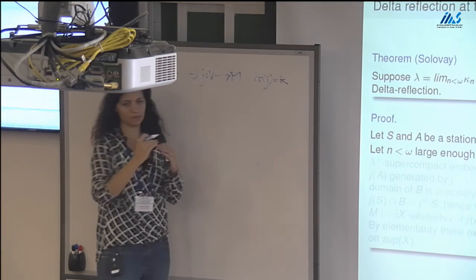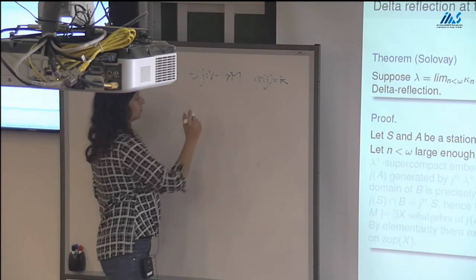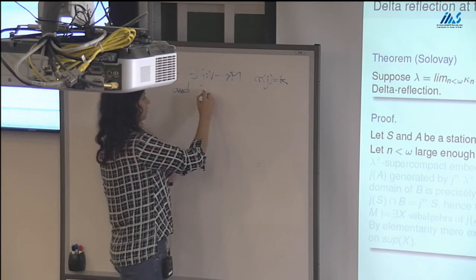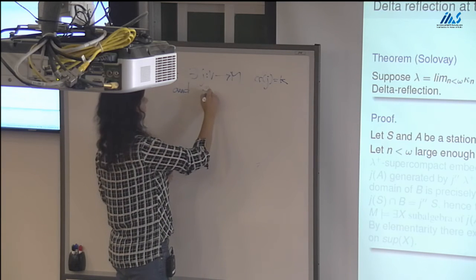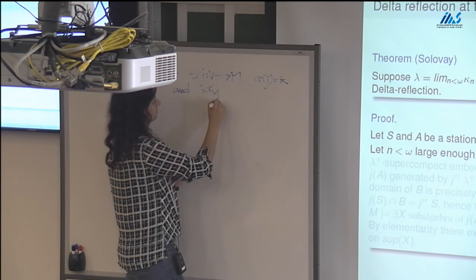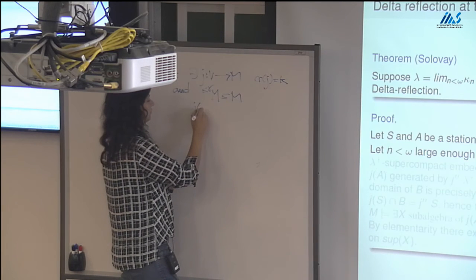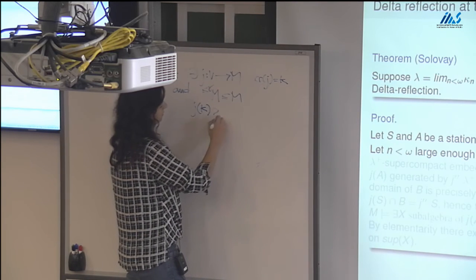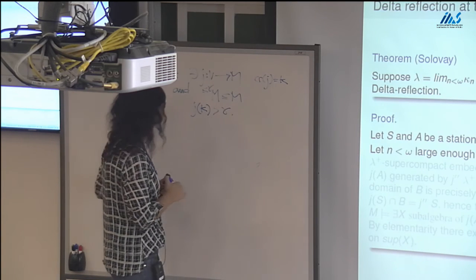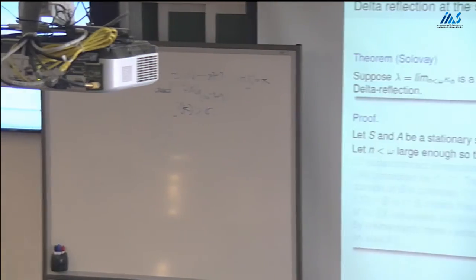That means that below kappa, j is the identity and kappa is the least ordinal which is moved by j, and M is closed under sequences of length less than gamma, or at most gamma. And j of kappa is larger than gamma. Okay, so this is what supercompact means.